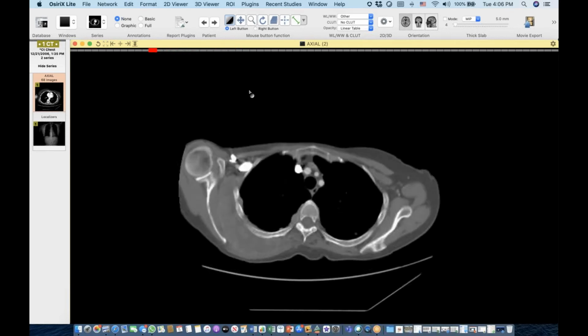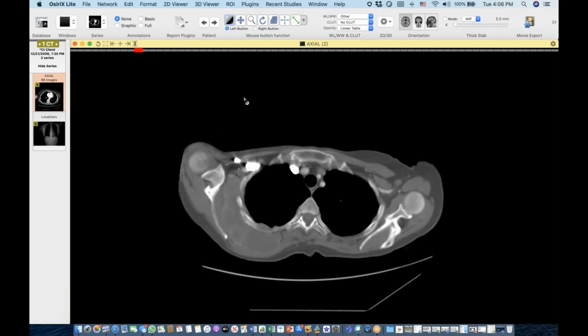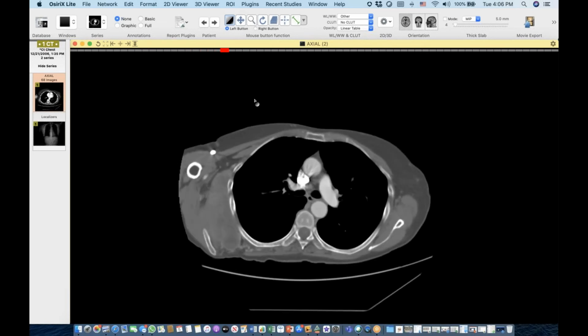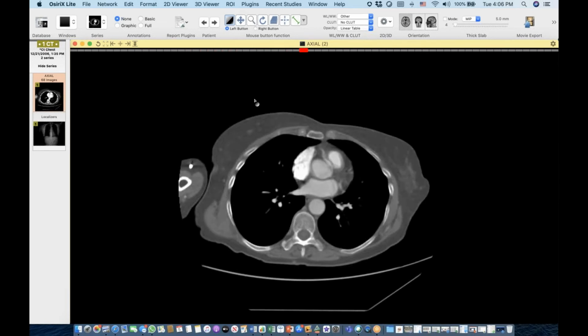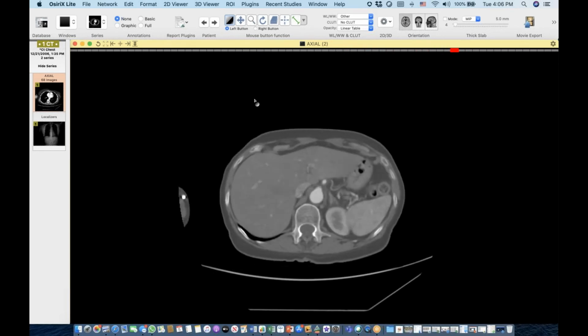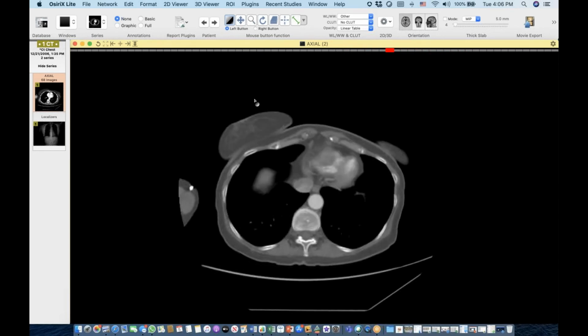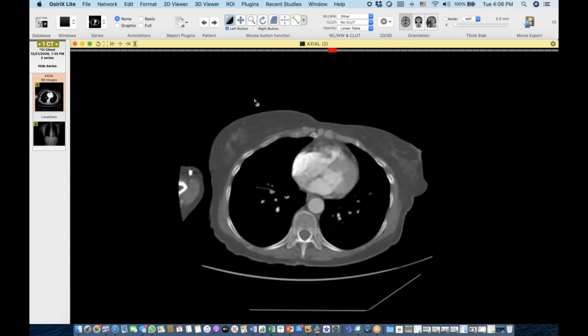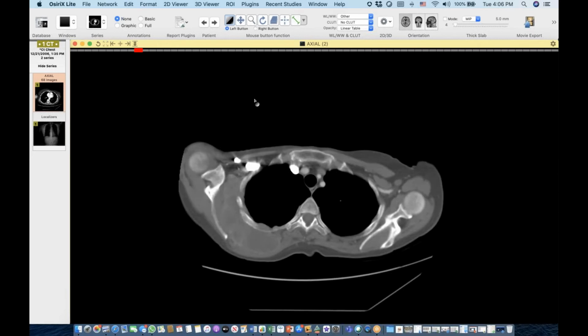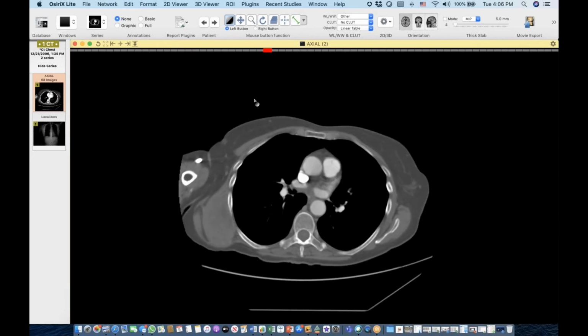I don't know if anybody sees any abnormality here. And again, feel free to participate. Going down all the way to the upper abdomen. So any thoughts? Anybody want to try this out?